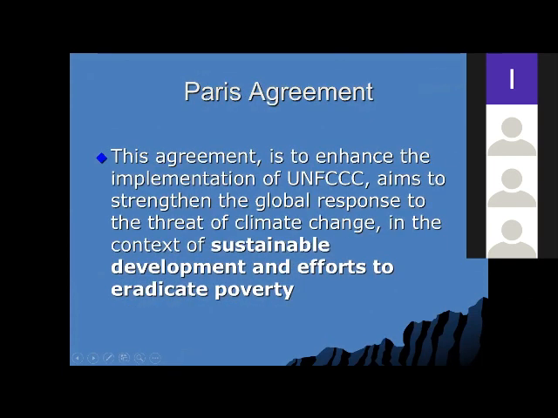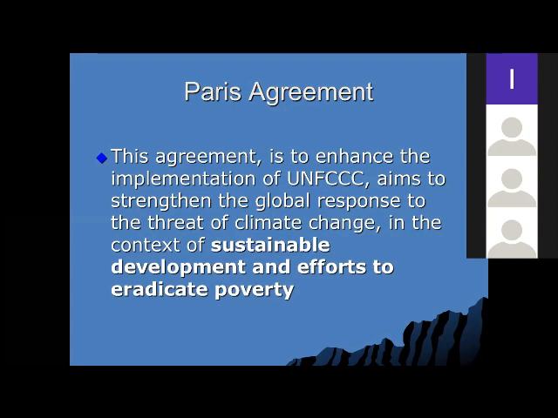Now, as I said before, after more than 20 years of negotiation, doing things, we came to Paris in 2015. This agreement is to enhance the implementation of the United Nations Framework Convention on Climate Change, to strengthen the global response to the threat of climate change in the context of sustainable development and efforts to eradicate poverty.